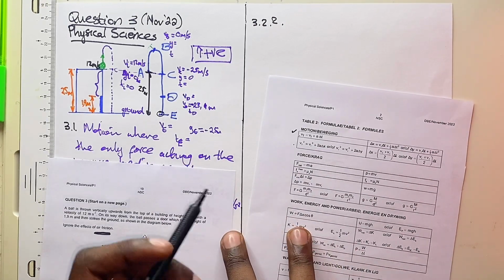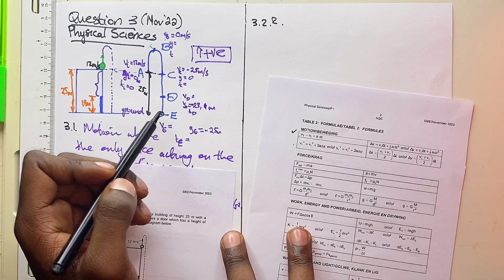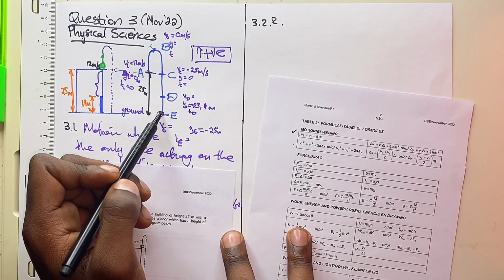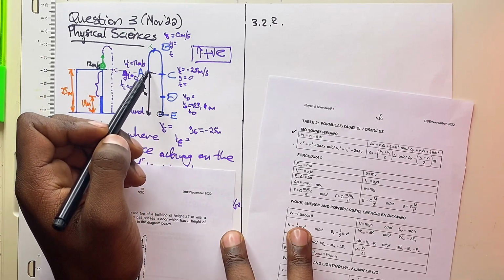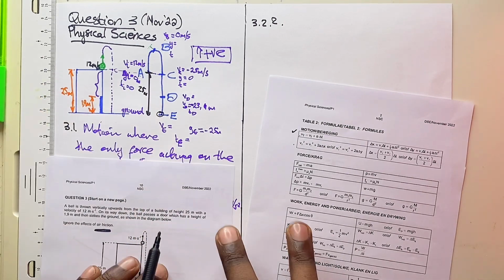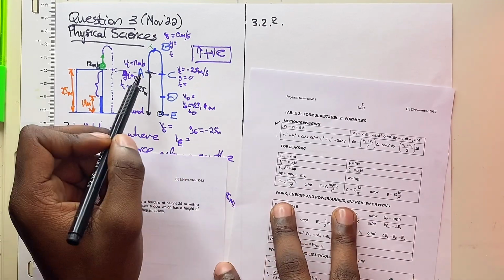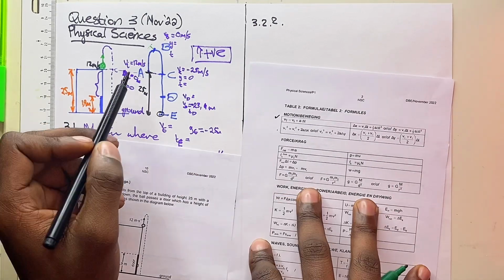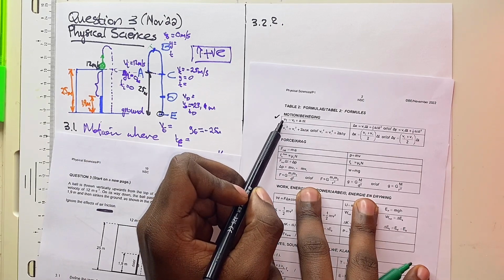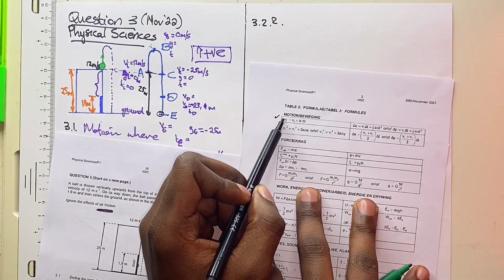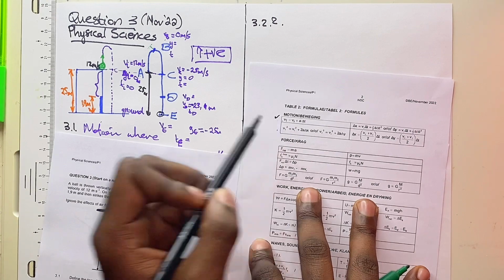Now the second thing I'm going to do is to look at my given at point E and wherever initial point I take. Let's say that my initial point is point A. Taking A as our initial and E as our final, let's look at our equations of motion. The first equation says Vf. Do we know the final velocity?